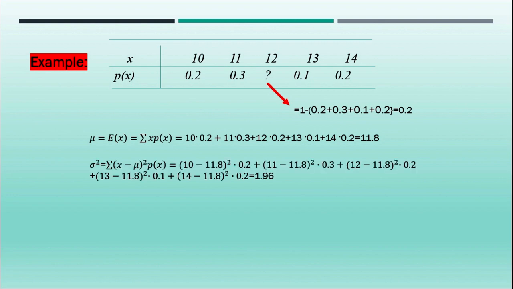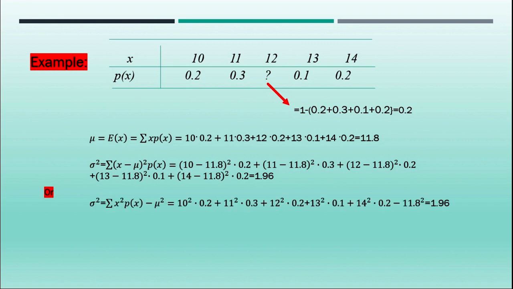For variance, you can use the original definition like this. Each x minus mean, 11.8, and then squared and times the corresponding probability, and then sum them. Or you can use the shortcut formula.